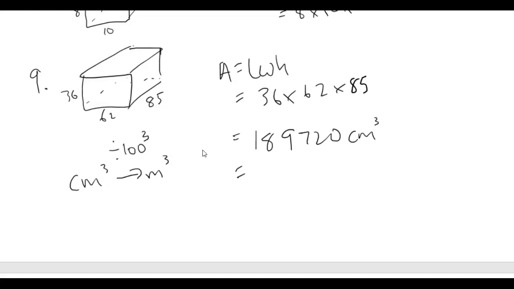Okay, and I get 0.1892 meters cubed. And how many decimal places? 2 decimal places, so I cut it off here. So I'm looking at this number. That means I'm going to be rounding that 8 up to 9. So your final answer is 0.19 meters cubed.